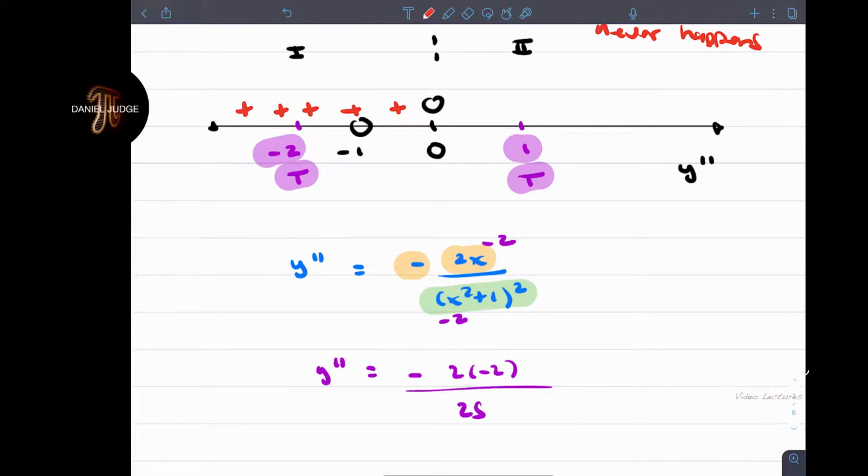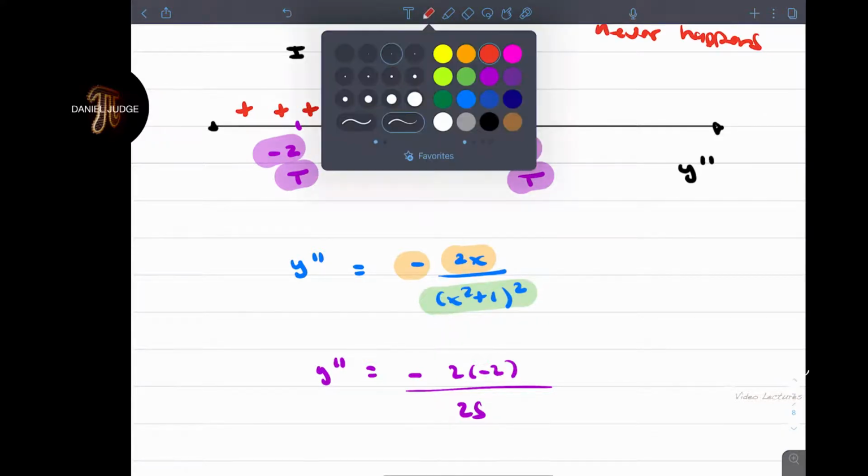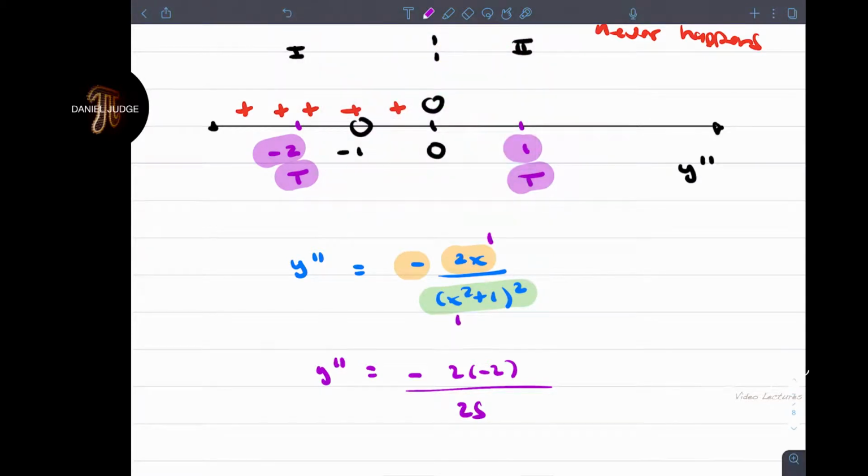We're going to plug in 1 now for a test point. And you're going to get a negative value. So that second derivative is negative. So it looks like it'd be -2 over 4. The point is, it's actually negative.